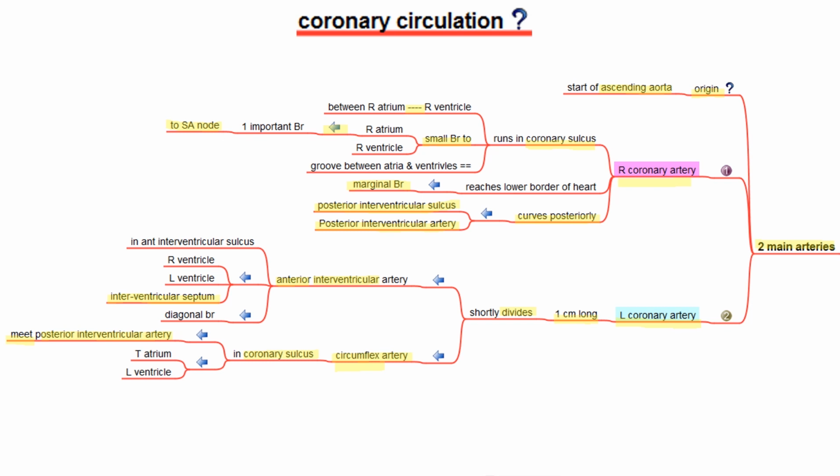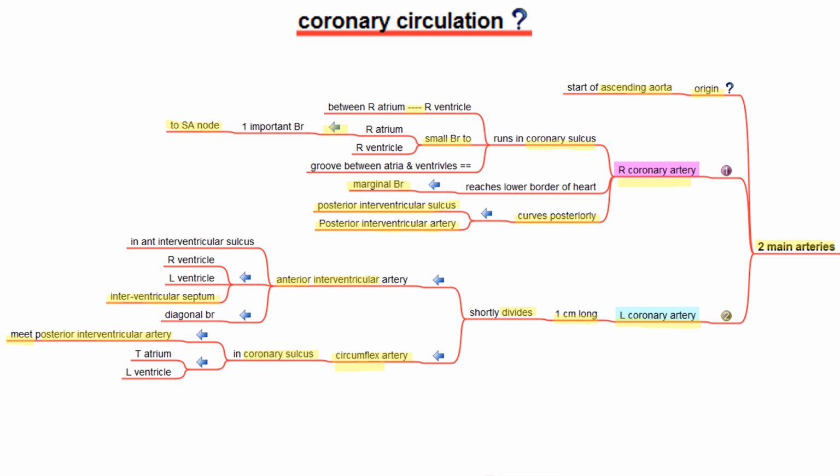Where do I look for the right coronary artery? I look for it in the coronary sulcus. What is the coronary sulcus? It is a groove, a depression between the atria and the ventricles, and here we find the right coronary artery.